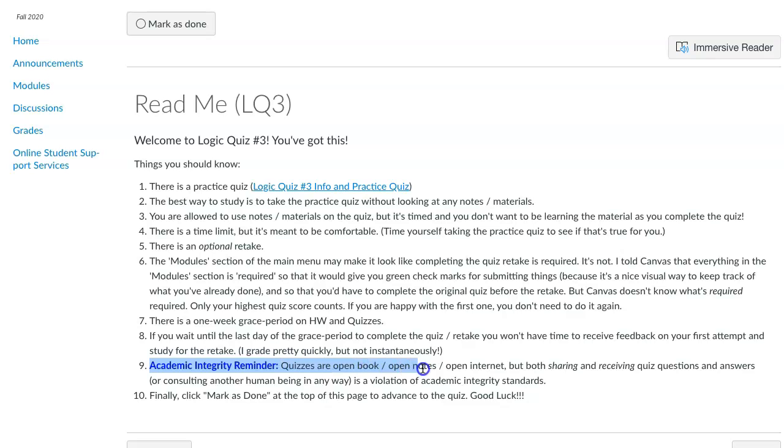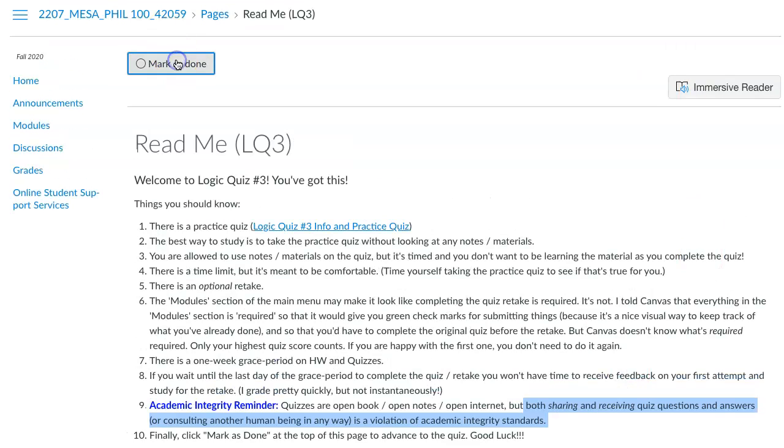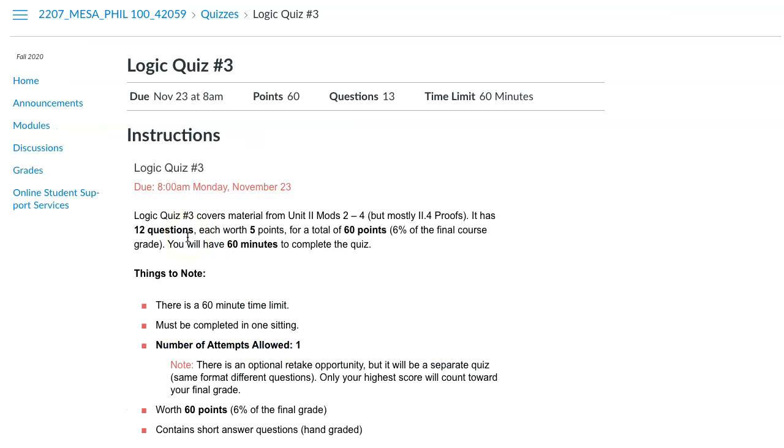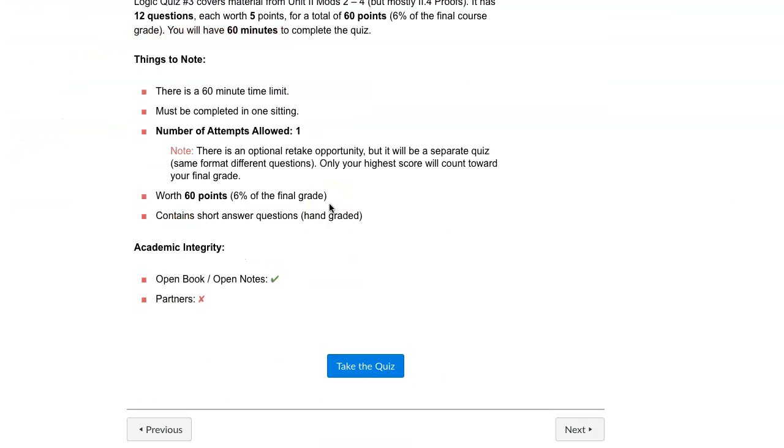The quizzes are open book, open notes, and open internet, but if another human being is involved in how you got to your answers in any way, or if you were involved in how anyone got to their answers in any way, that is an academic integrity violation. Once you've clicked Mark as done, you can now navigate to logic quiz number 3.